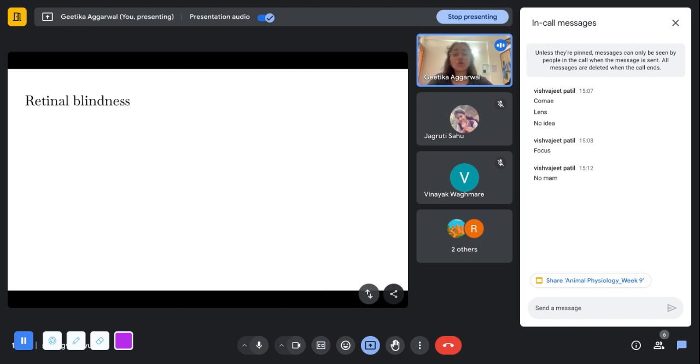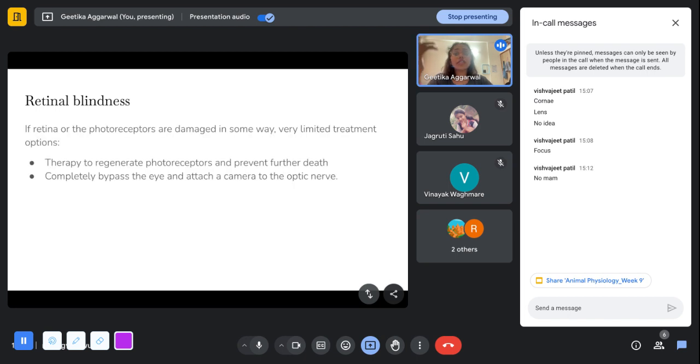So coming to the next two conditions, one thing is retinal blindness. This is caused by some damage to the photoreceptors or some of the layers of the retina, and there are very limited treatment options for this. One of them is you get a therapy to regenerate photoreceptors and prevent the death of further photoreceptors. These things are still under research and not many of them are functional.